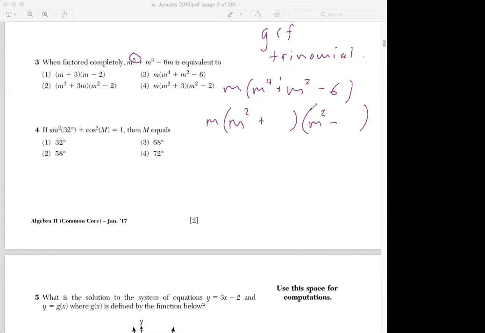And let's see, a 3 and a 2. And this is it. Because m squared times m squared is m to the 4th. This will be 3m squared minus 2m squared gives us 1m squared, and 3 times negative 2 is negative 6. So our answer is 4.